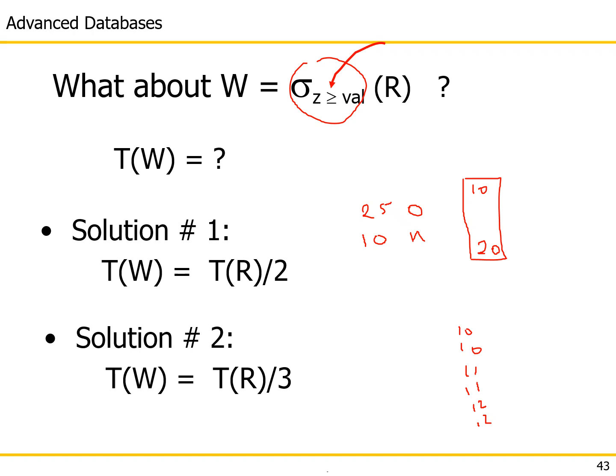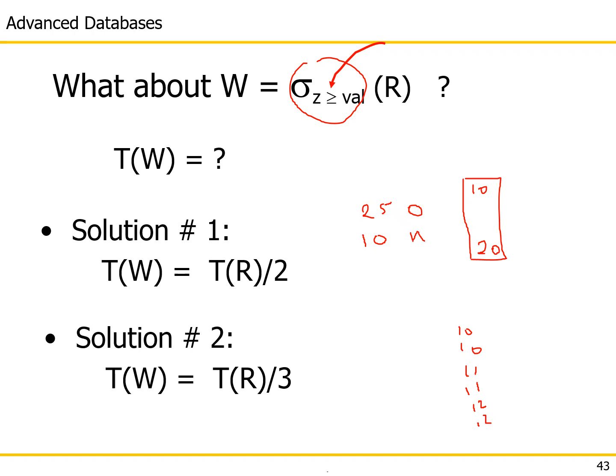Okay? So obviously, you could put values in the middle here. On average, it's going to be half. Okay? Because you will have 1 and 2 and 3 and 4, so it's going to be half n. Okay? So that's why this ratio could represent an estimate as you run this query to infinity, for different values of val.